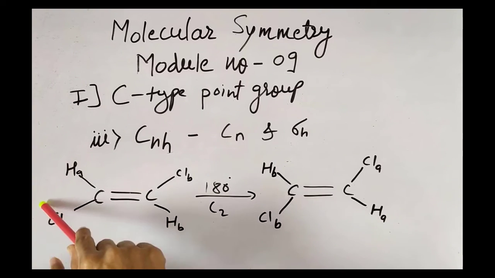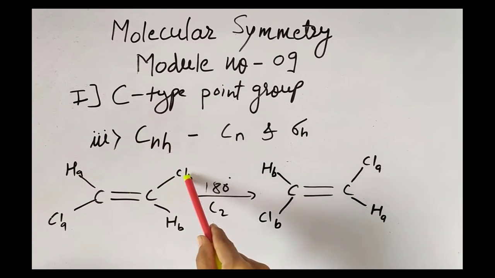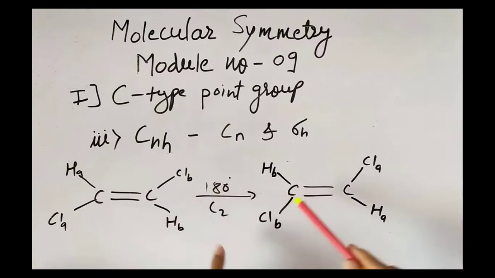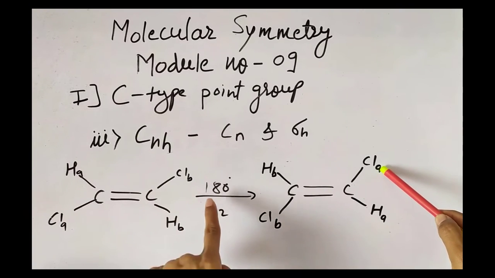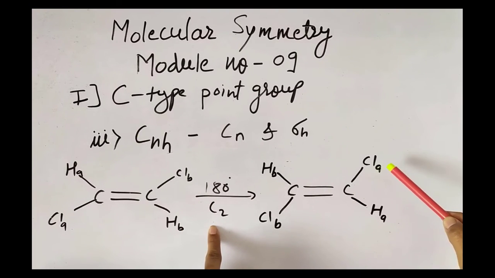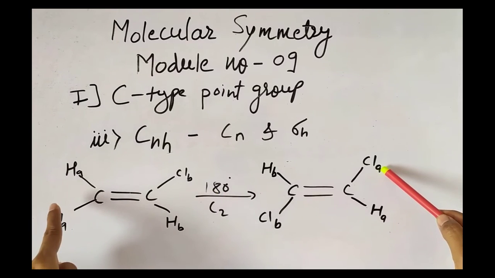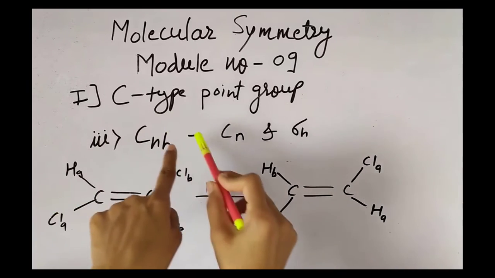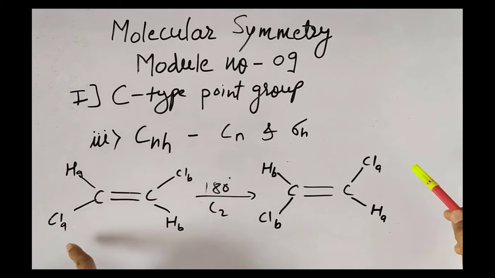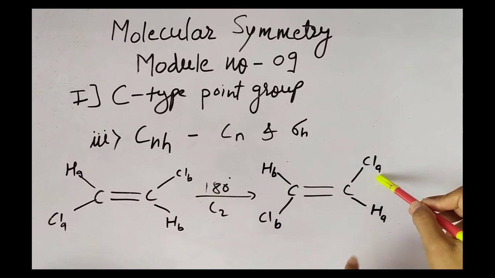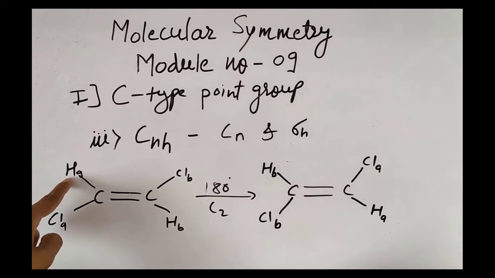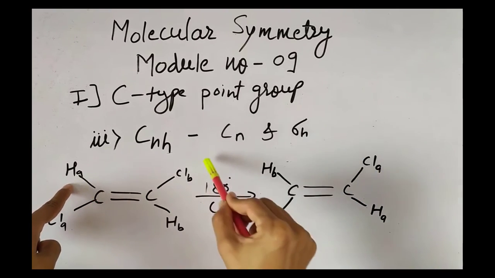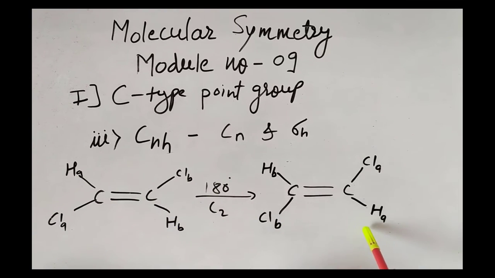When this chlorine completes its half circle, chlorine A moves here after the C2 rotation, that is 180 degrees. Similarly, hydrogen A completes its half circle of 180 degrees and reaches here.